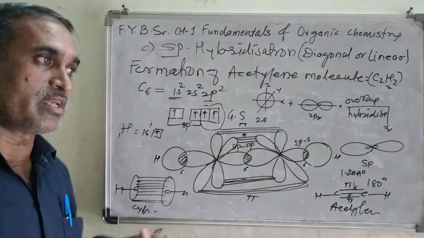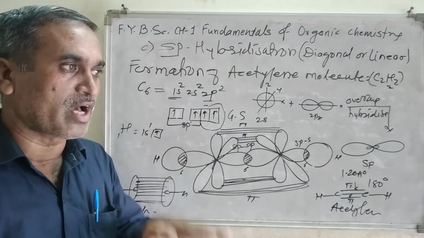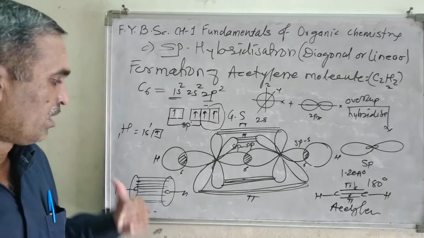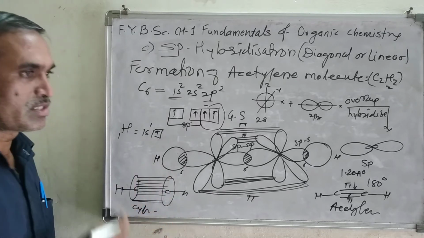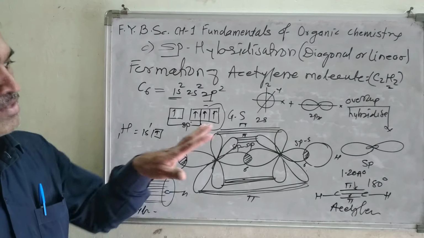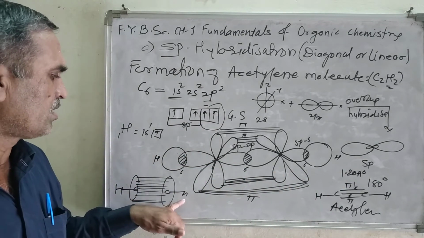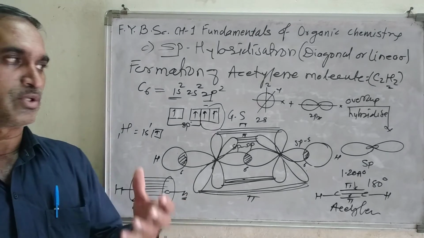And in the previous case, in the case of the ethylene molecule, the electron density is present above the plane and below the plane, but in this case the electron density acquires a cylindrical shape, and therefore it is found to be somewhat shielded.